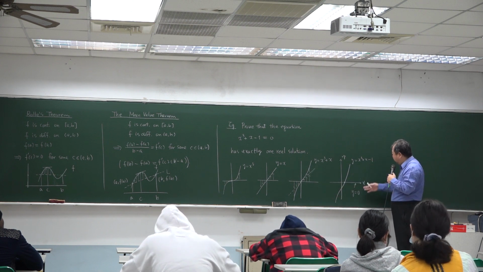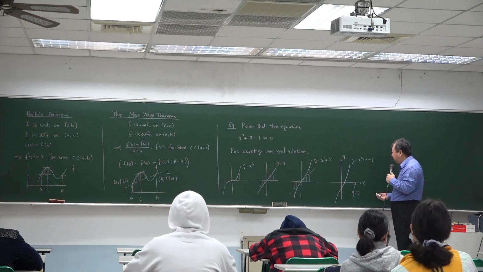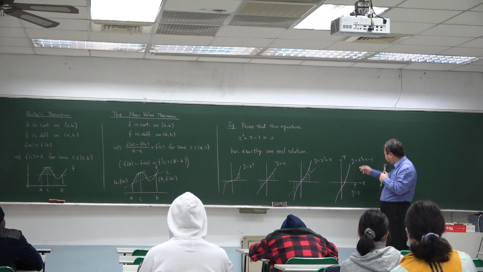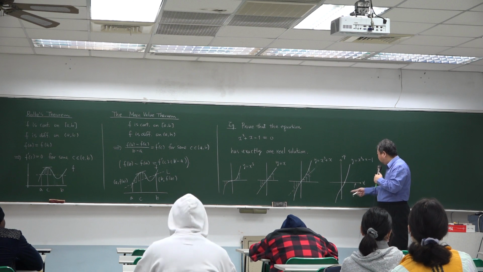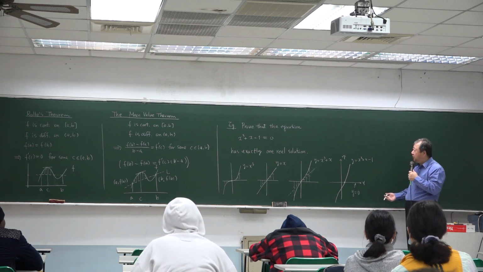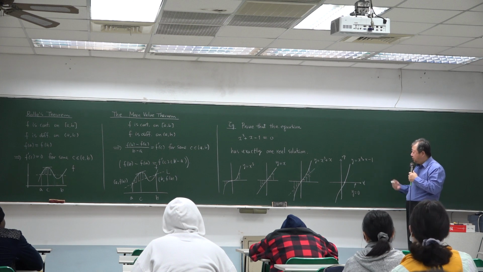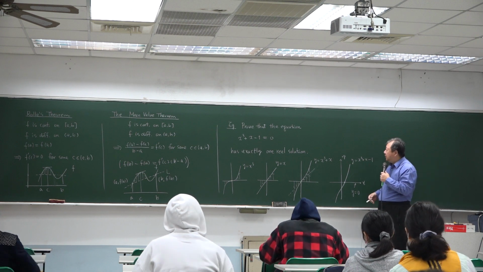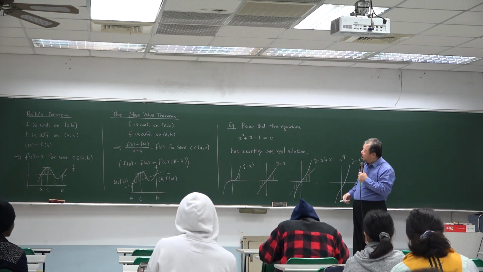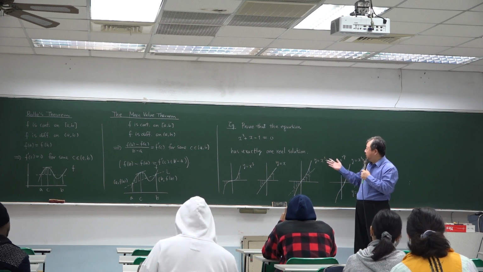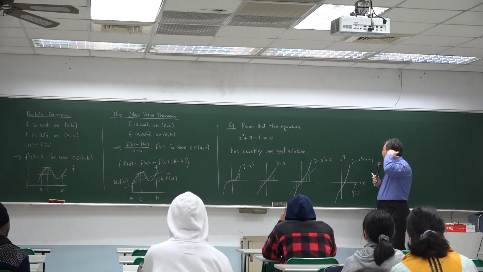Then this one equals 0 means we have to find the points which are common to these two curves, one a horizontal line, another this curve. So intuitively, this result is true. But how to apply Rolle's theorem or mean value theorem to show this statement?